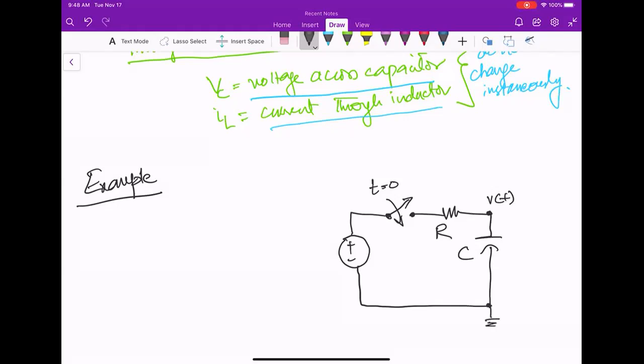In this example, we have two elements: one is a resistor and the other is a capacitor.